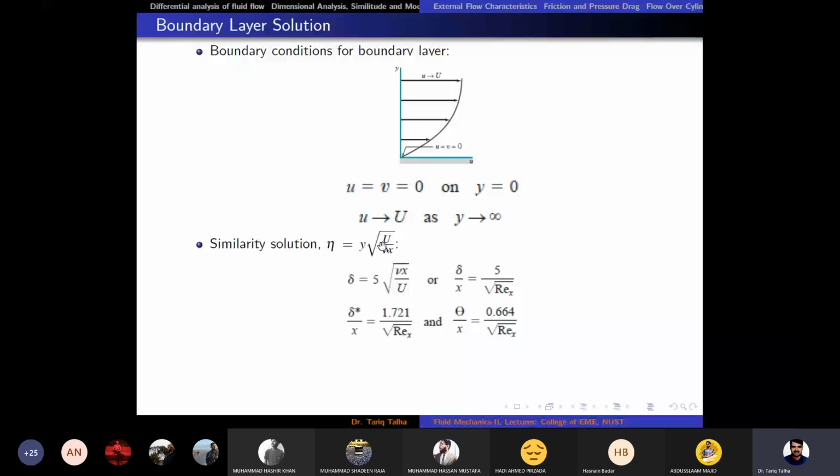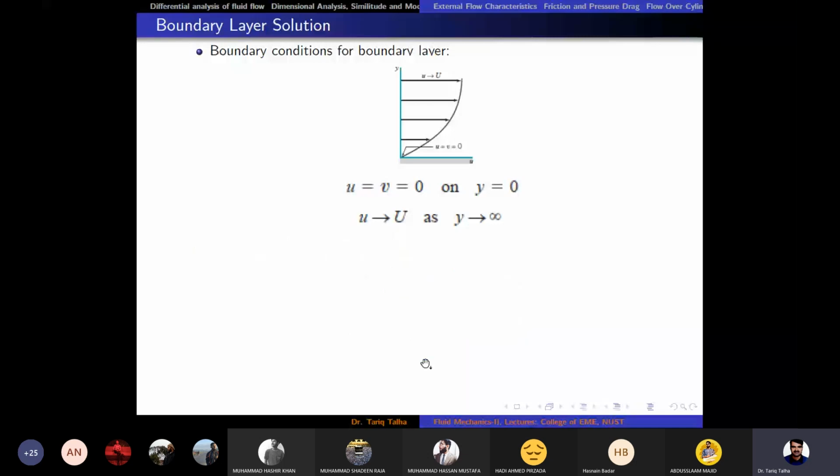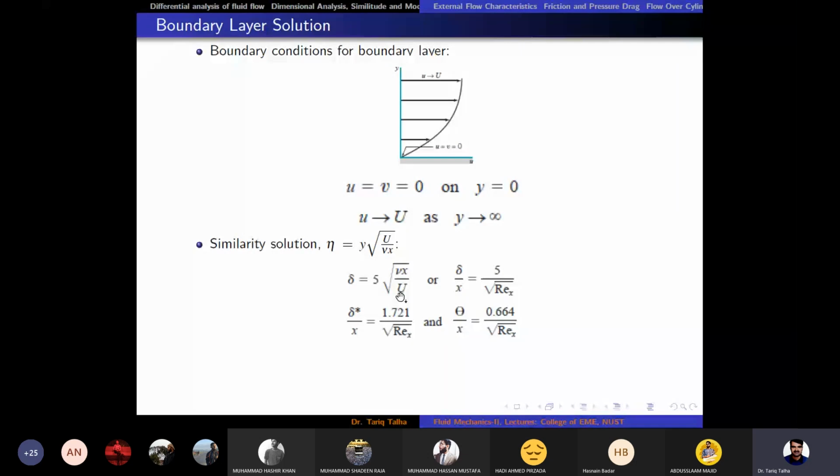If we put this parameter eta in these two equations, we come up with a third order ODE, which can be solved by numerical techniques like the Runge-Kutta method. What Blasius did in 1907 on paper, we can do on a computer very easily, with about one page of code.